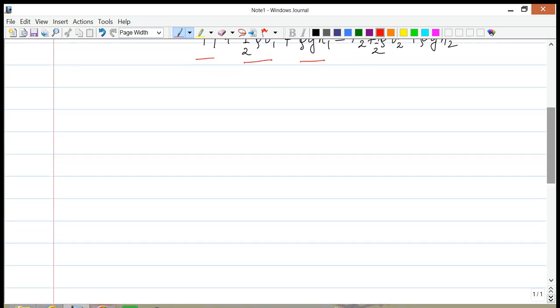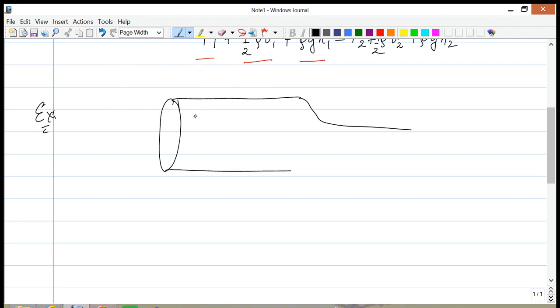Okay, so let's apply this first to a simple problem. Let's say that you have a pipe where we're looking at some portion of the pipe, and the cross section changes in this manner. So let's say the radius on this side, R1, is equal to 5 centimeters, and the radius out here is 2.5 centimeters.